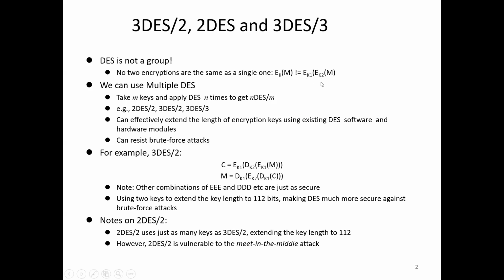So you combine them, it's 112 bits long. So the general idea is to take M keys and apply DES n times to get nDES/M.